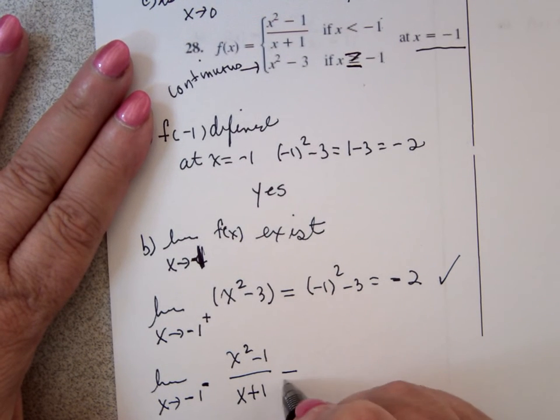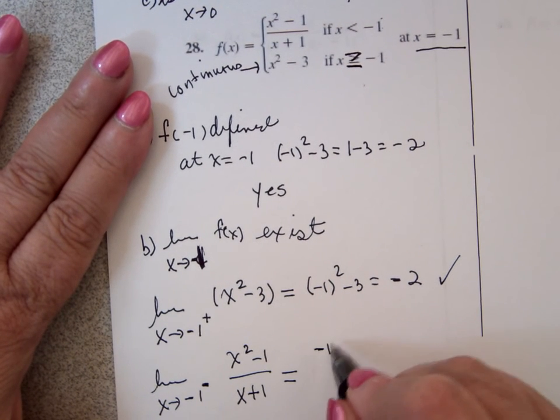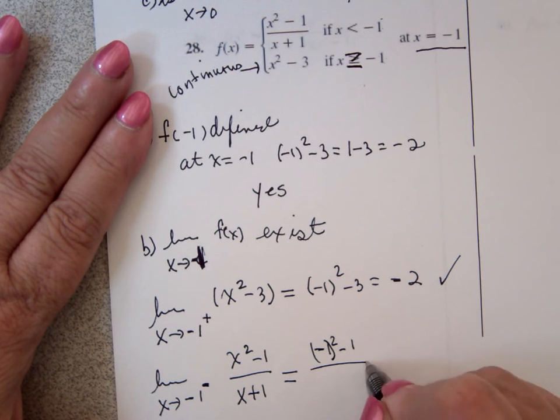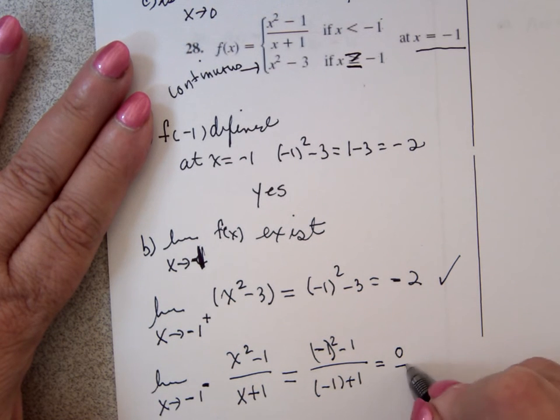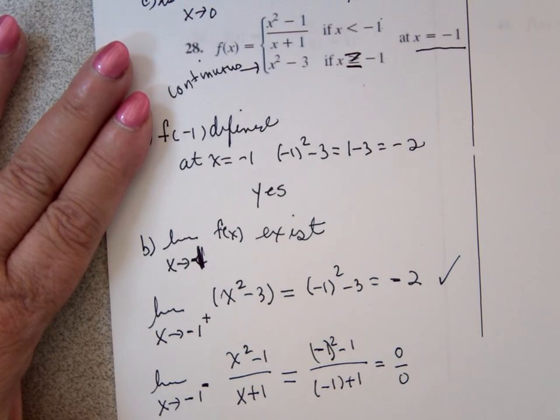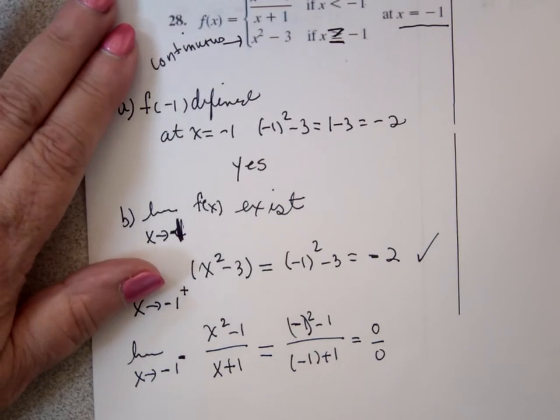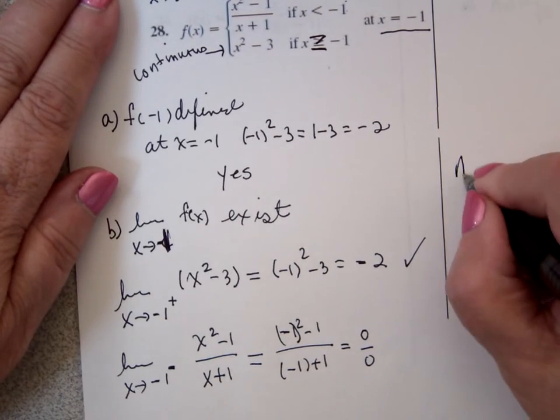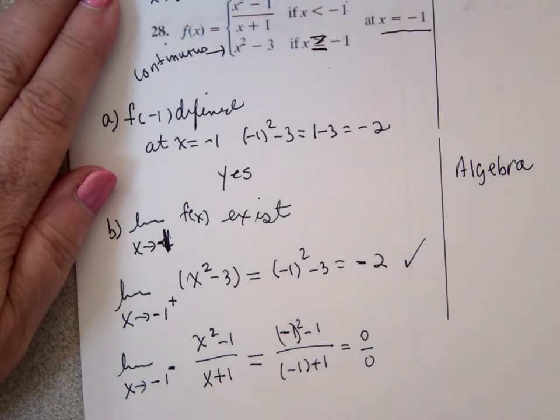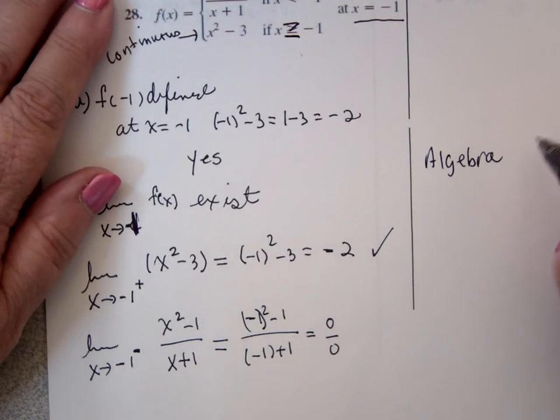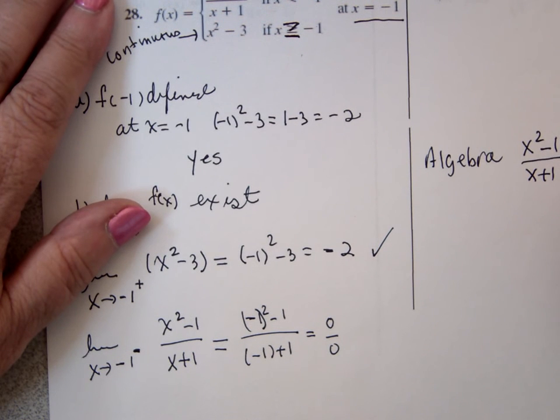And if I plug it in, this is negative 1 squared minus 1 over negative 1 plus 1, which is 0 over 0. And what does 0 over 0 tell me? Algebra. So using algebra, I know I have x squared minus 1 over x plus 1, which is x minus 1 times x plus 1 over x plus 1. The x plus 1's reduce out.